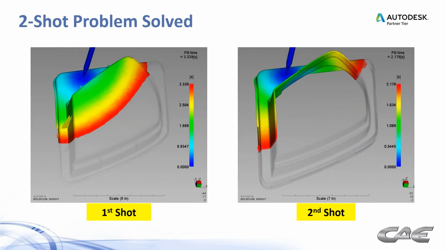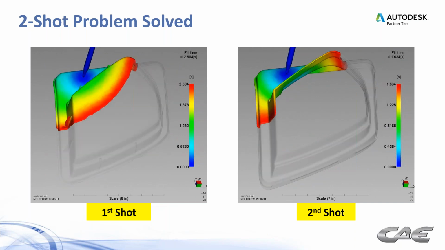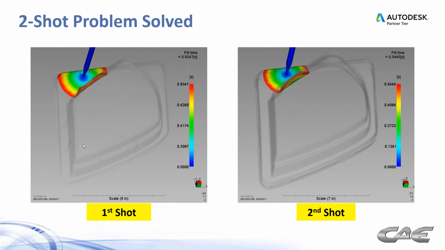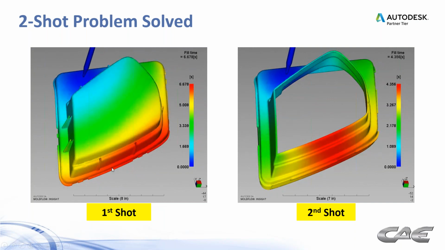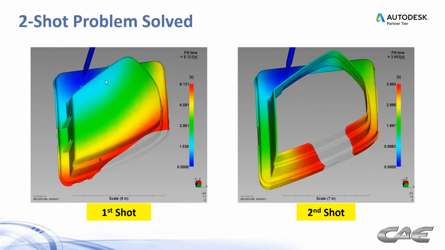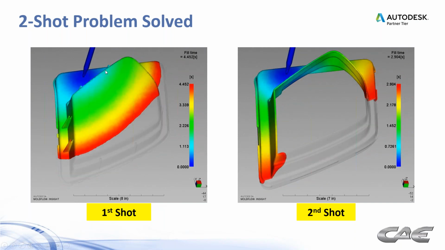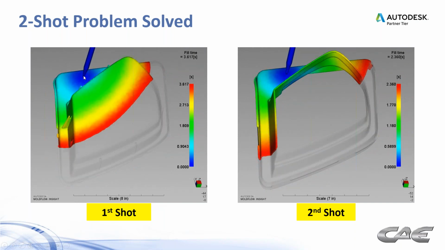This is also an issue with two shots. You see the first shot on the left. If we wanted to balance the flow on this, we'd put a gate right in the center of the part, but we can't gate in an appearance area, so we have to move that gate off to the side.